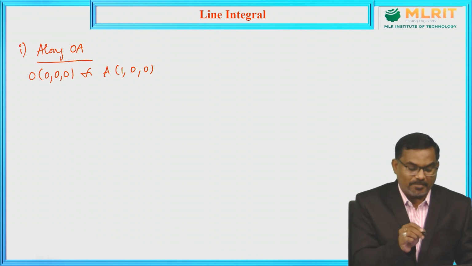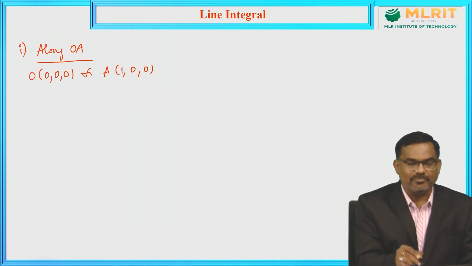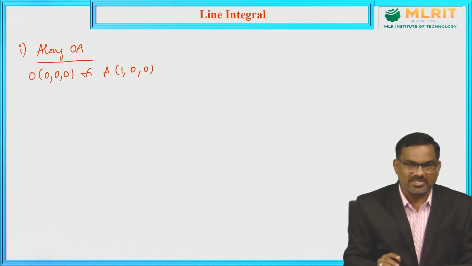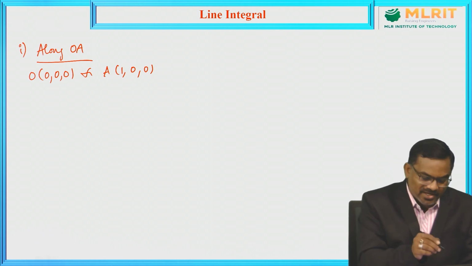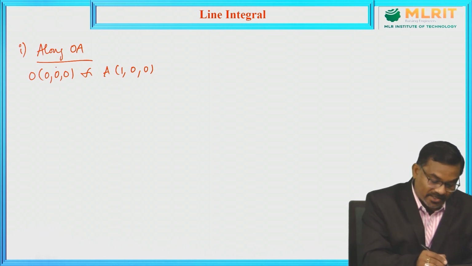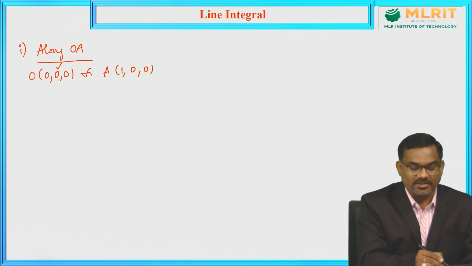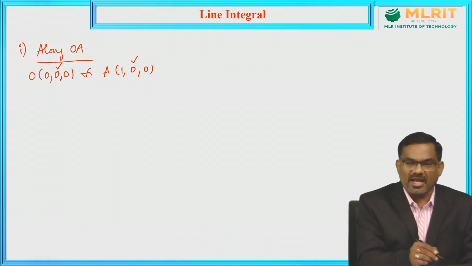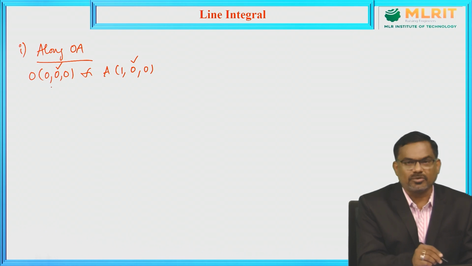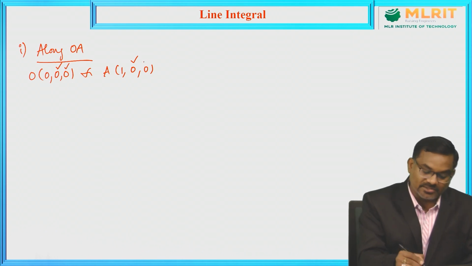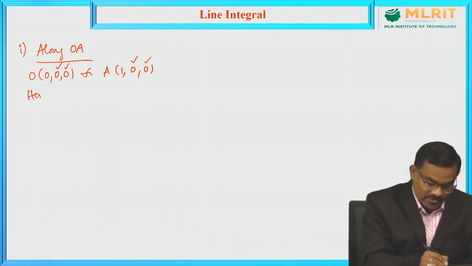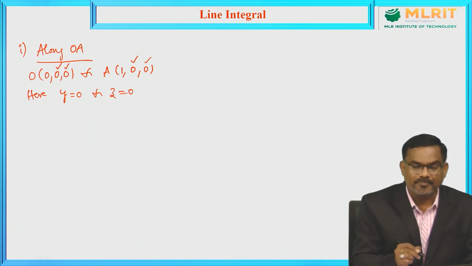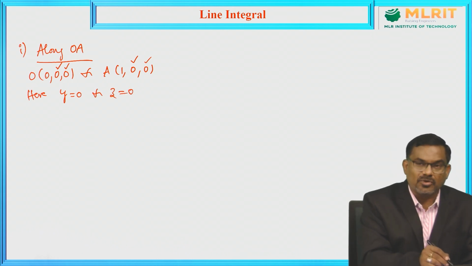The main thing here is to identify which values are changing and which are not changing. It is very clear that the value of Y at the origin O is 0 and at A again it is 0. Similarly Z is 0 at both. So we can identify that Y equals 0 and Z equals 0, and the change occurs only in the X value.